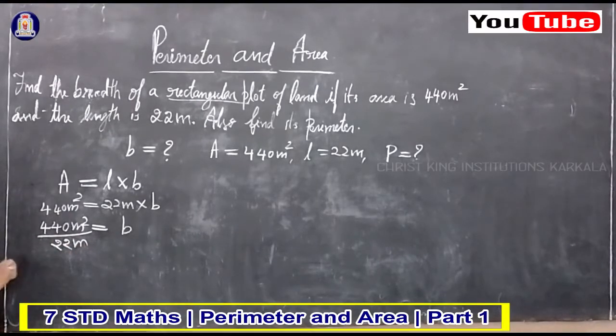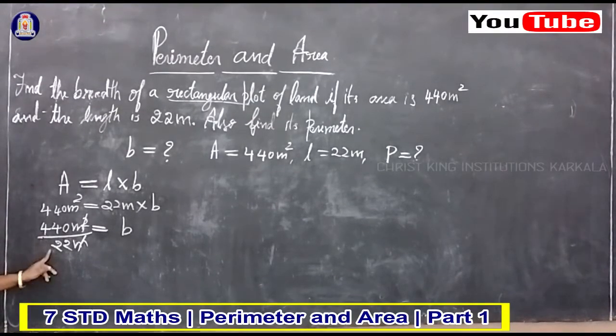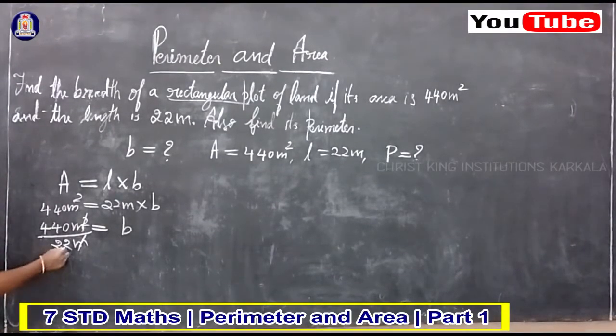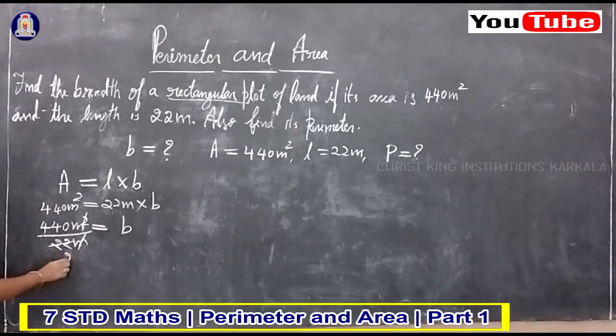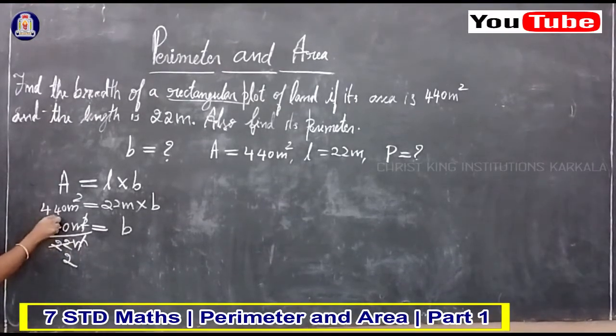Okay, so in this meter square and meter, 1 meter and meter get cancelled, and 22 and 440 are divisible by which table? 2 divides, and even 11 table also divides. Okay, we will divide by 11 table. 22 means 11 2s are 22, 11 4s are 44, so 440 gives 40.